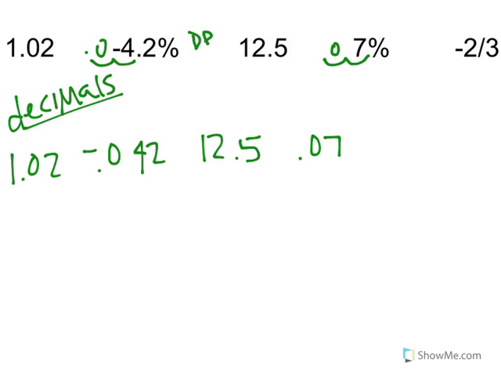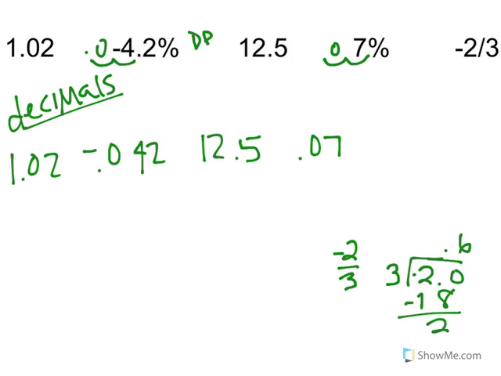And then negative 2/3, this is when we use TIVO. So it's negative 2/3, that means top in, bottom out. So 3 cannot go into 2, it can go into 20 6 times. Bring down another 0, and go in 6 times, and this is going to be 0.6 repeating.